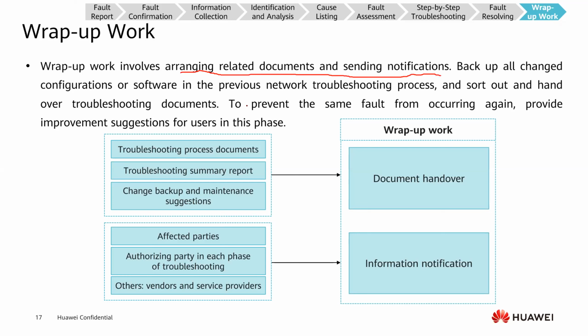We back up all changed configuration of software in the network troubleshooting process. So here is some advice for document handover: troubleshooting process documents, troubleshooting summary report, and change backup, maintenance, and suggestion.